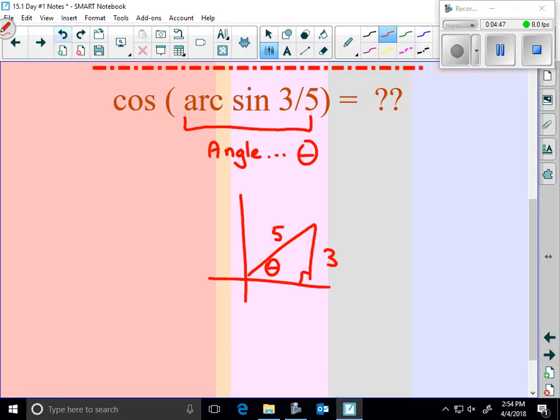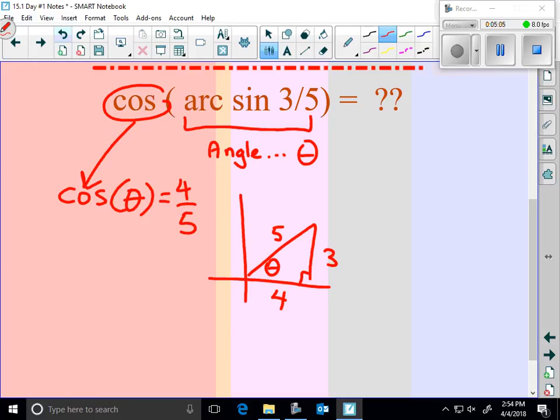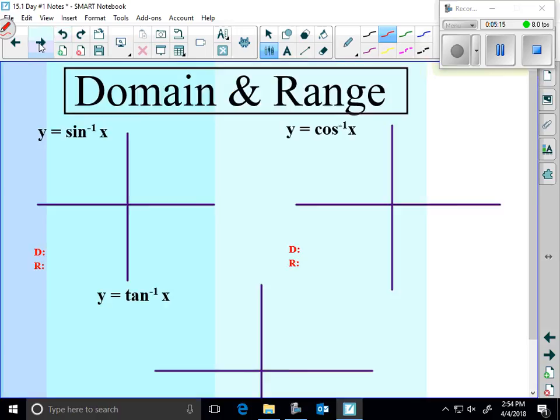Using Pythagorean theorem, that would require this side to be 4. And so now I have all the sides of that triangle given theta. If I wanted the cosine, I'm just using this cosine right here. If I wanted the cosine of that angle, I take adjacent over hypotenuse, and I'm done. So the answer there would be 4/5. You don't ever even have to know the measure of that angle. It doesn't even matter. Okay, let's keep moving.